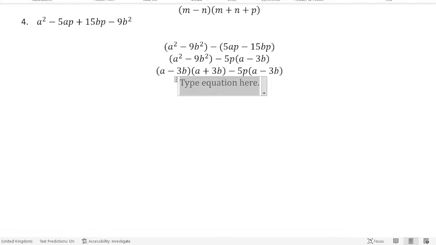Our common factor is a minus 3b. A minus 3b is our common factor. Then we're going to be left with a plus 3b, and on this term we'll be left with minus 5p. All right, now we have fully factorized.